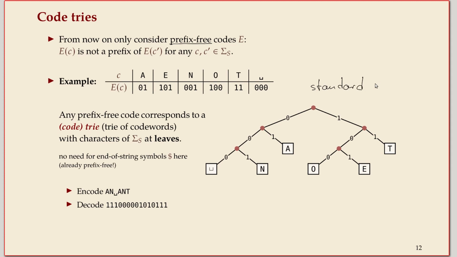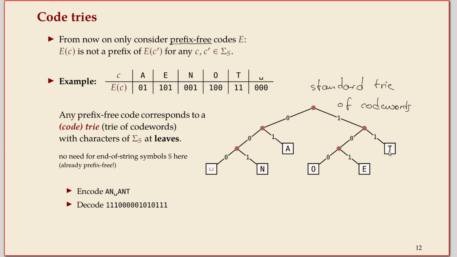So maybe something to note. The standard trie of code words. If you build this and it works, that means it was prefix-free. If you remember, when we were talking about tries, that was actually a condition that the strings we insert are prefix-free, because that meant every string will be represented by a leaf of its own.